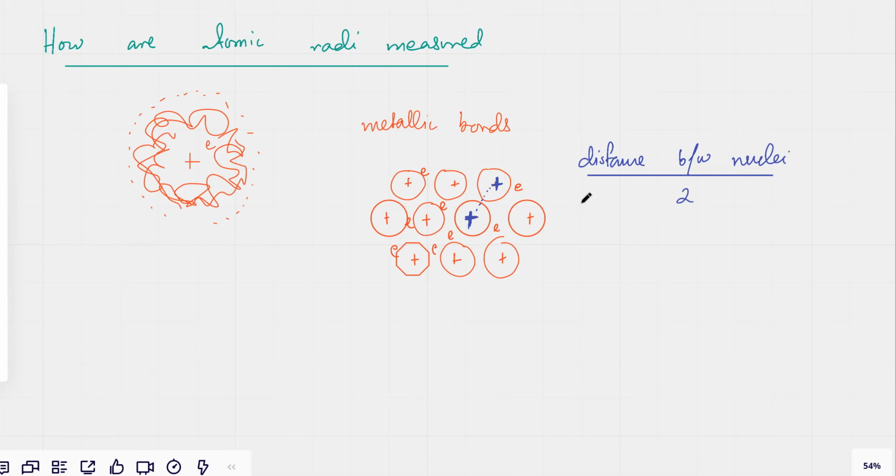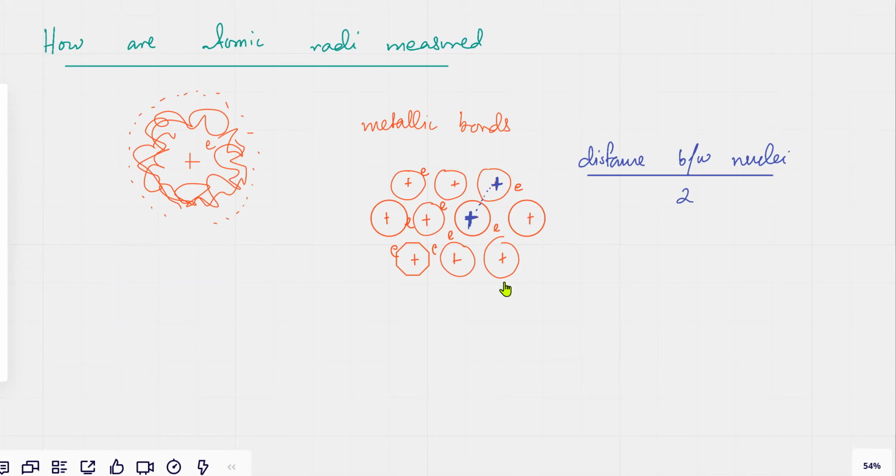Is this clear? How you find the atomic radius? Yes or no? Yes.